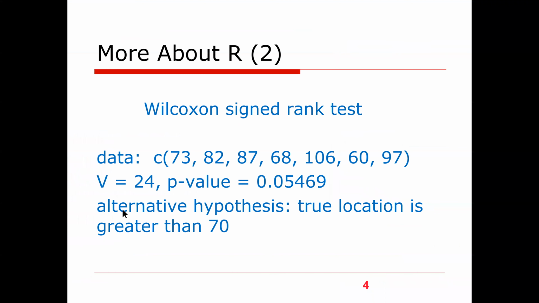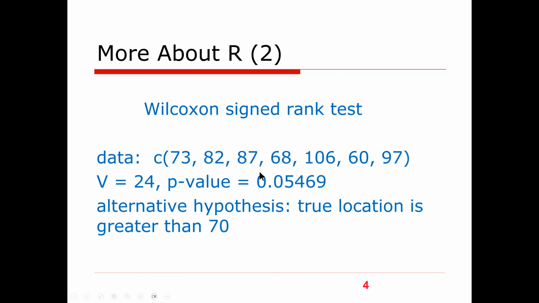And also it will give us the conclusion about whether to reject the null hypothesis. Although this p-value here is slightly larger than 0.05, it still gives us the conclusion that the alternative hypothesis is favored, which means the true location should be greater than 70.